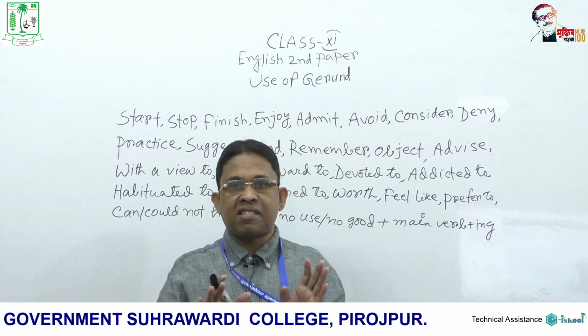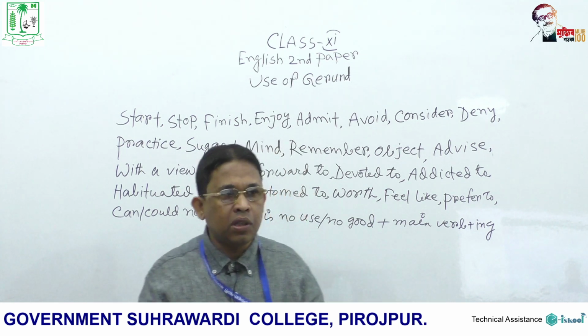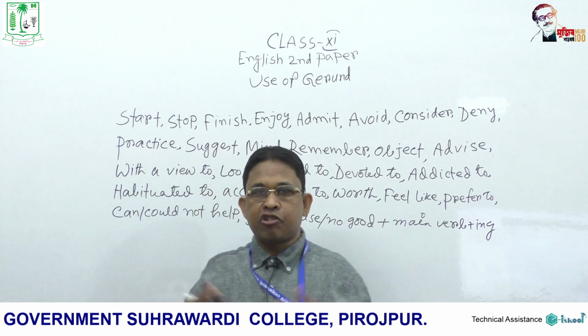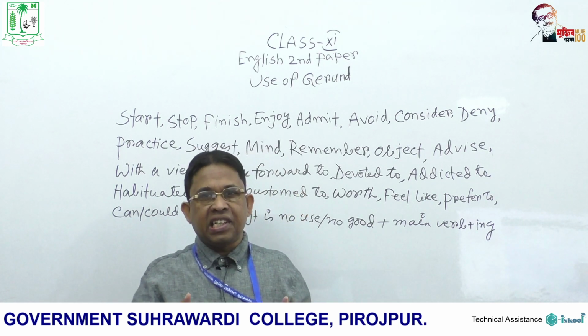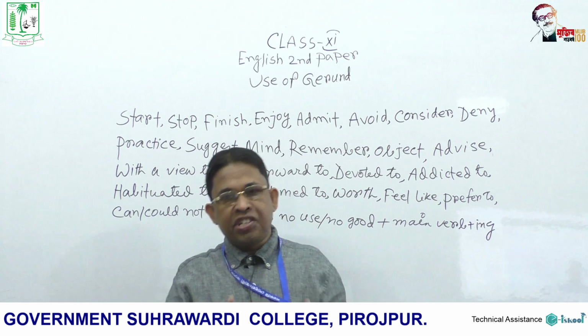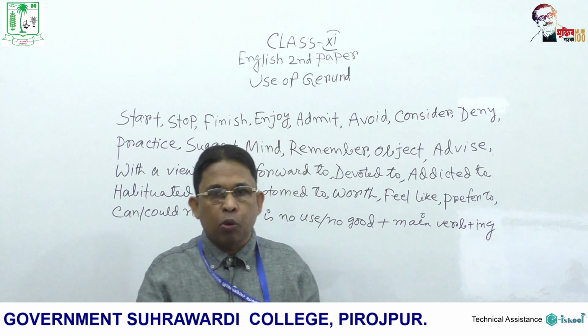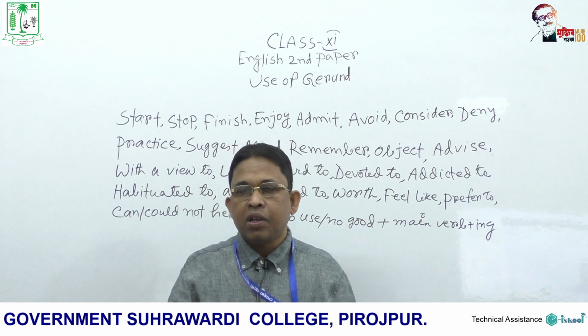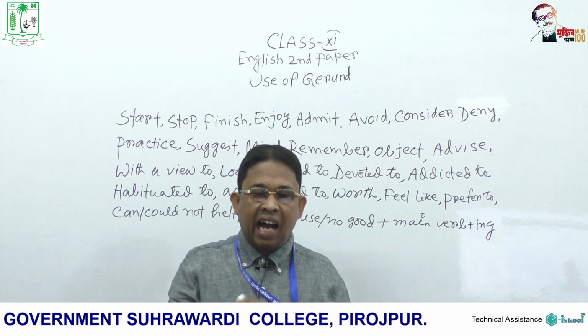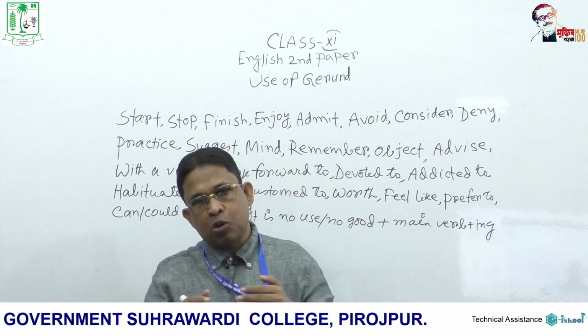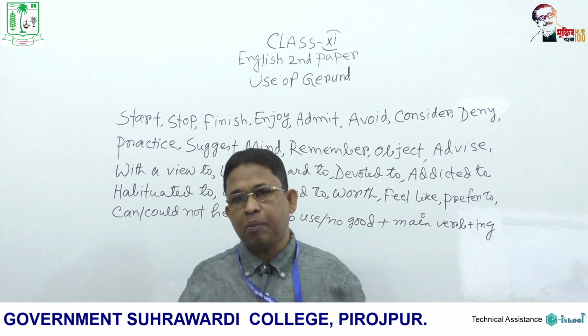So these are their similarities. That is, both present participle and gerund, their origin is the same, that is verb, and they also end in ing. Here is also a similarity between present participle and gerund.